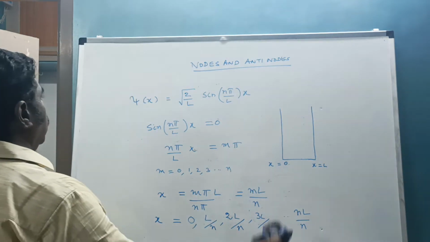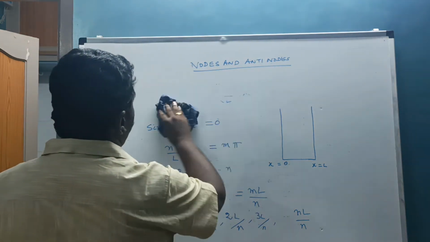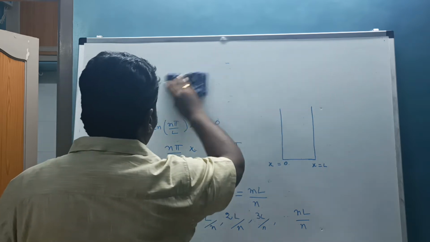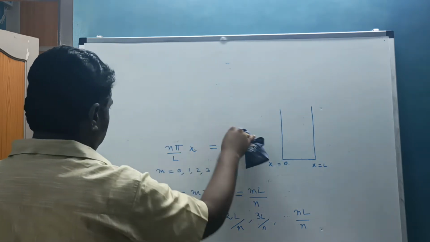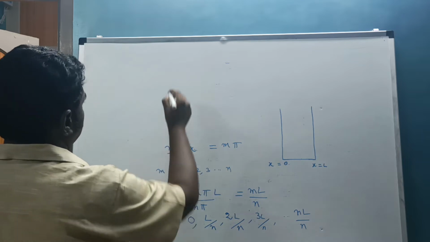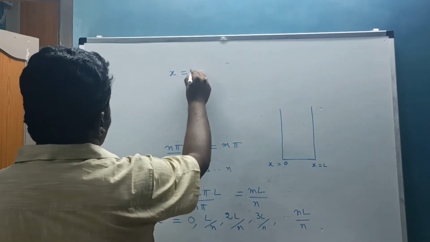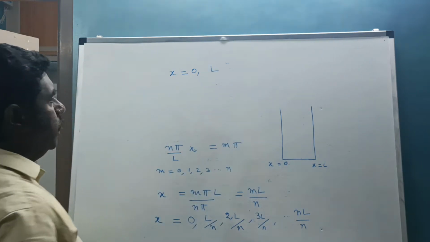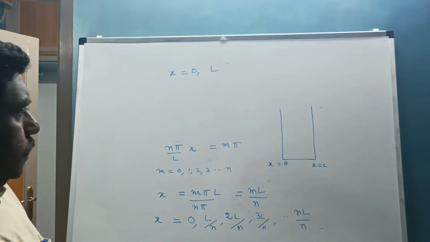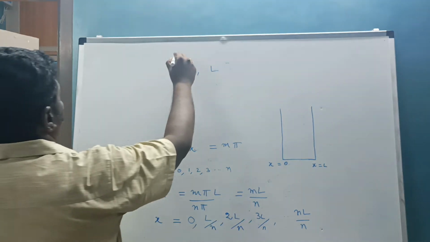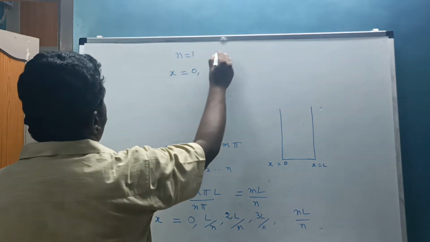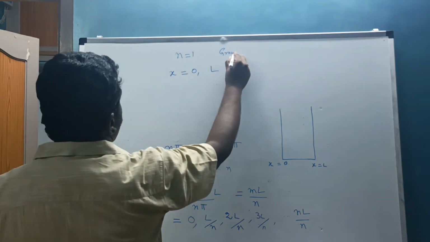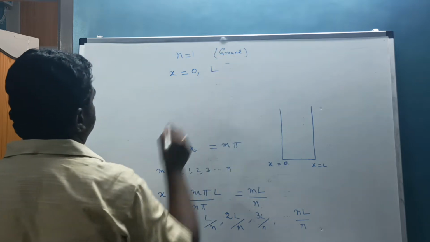Suppose n is equal to 1, that is specifying our ground state. n equal to 1 means we can get x equal to 0 and x equal to L. We can get two nodal points. This is for n equal to 1, the ground state.